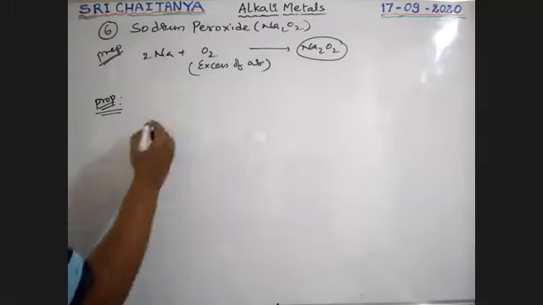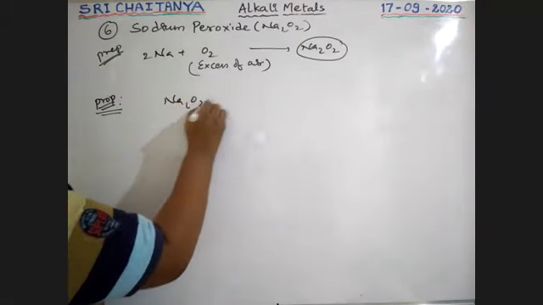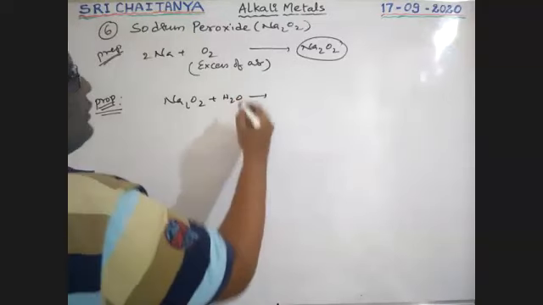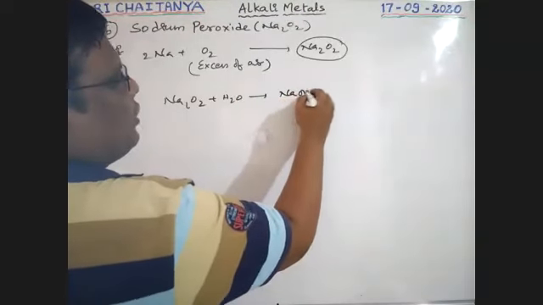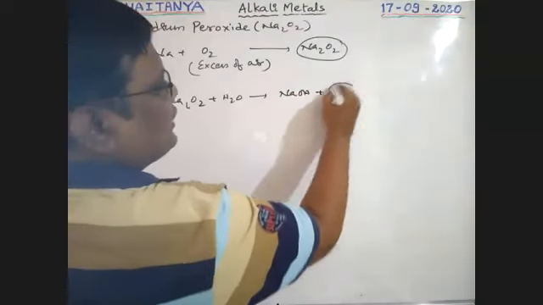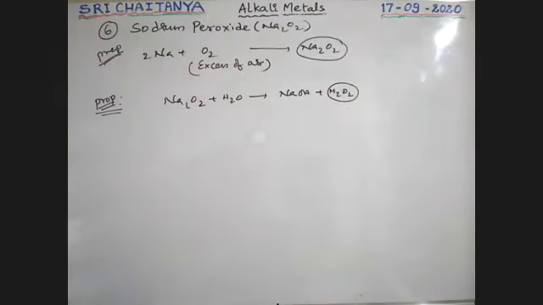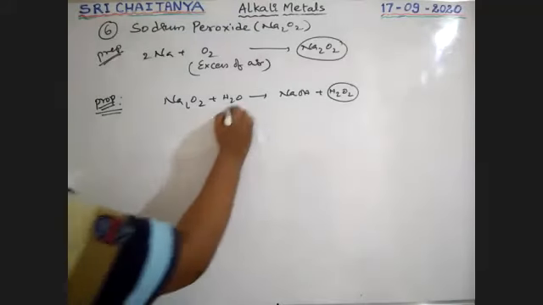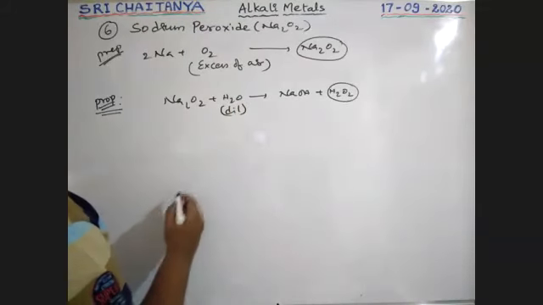Sodium peroxide, when dissolved in water, gives sodium hydroxide and hydrogen peroxide as the final product. It is a dilute solution, that means a very diluted solution.